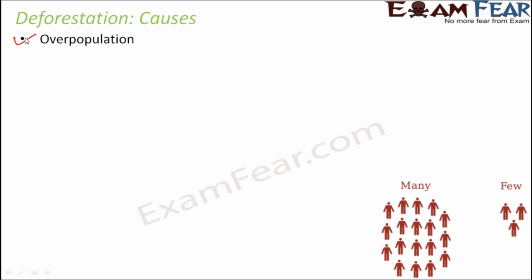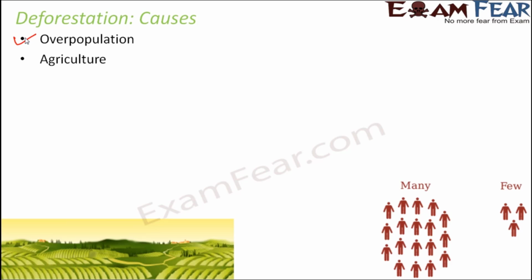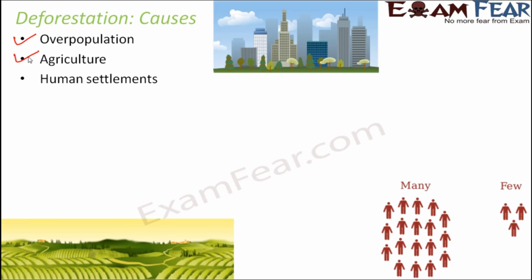So a lot of dependency is there on the forests. Next is agriculture. Again, due to overpopulation, if food requirement increases, we want to produce more crop. So in order to increase crop productivity, we need more agricultural land. As a result, the forests are being cut down to convert the land into agricultural land.